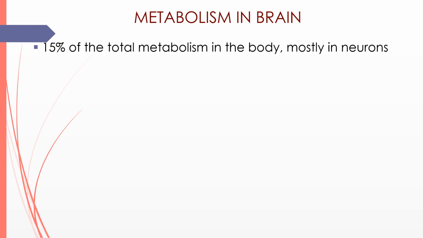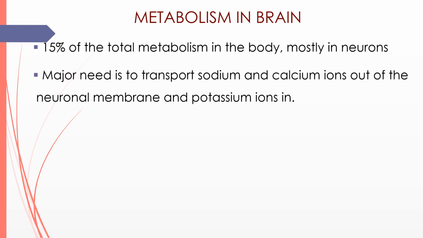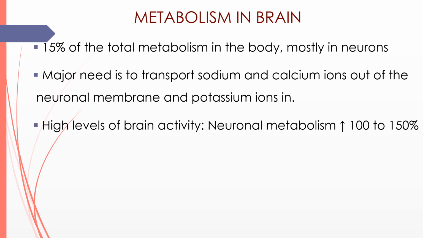Metabolism in the brain is 15% of the total metabolism in the body, mostly in the neurons. The major need is to transport sodium and calcium ions out of the neuronal membrane and potassium ions into it. With high levels of brain activity, the neuronal metabolism increases 100 to 150%.